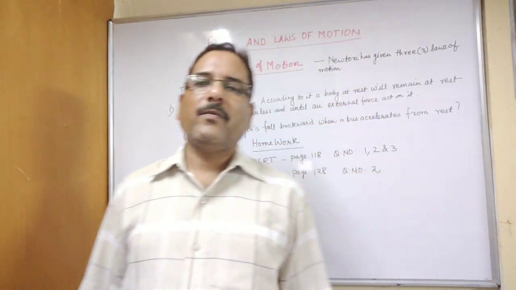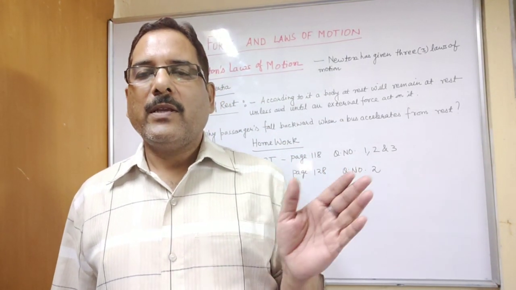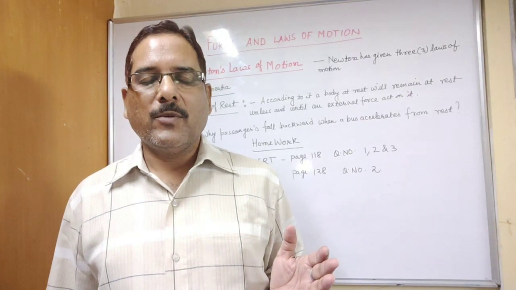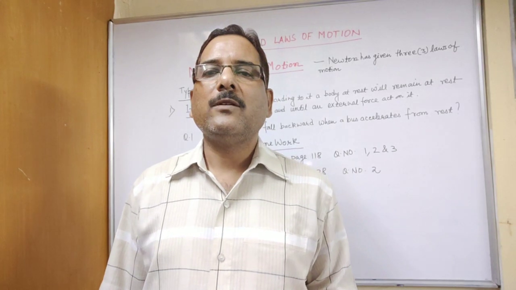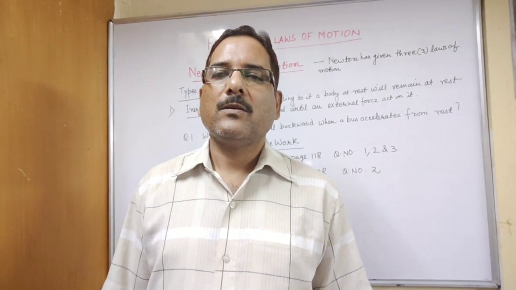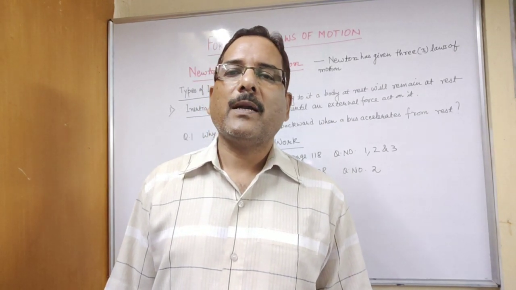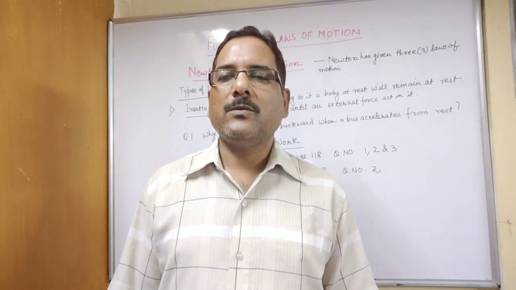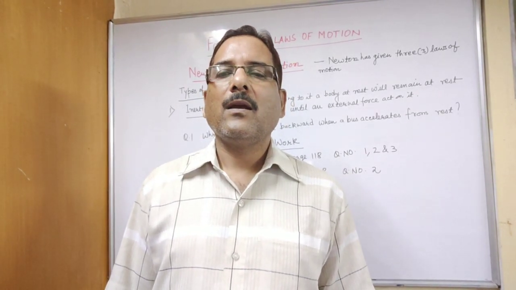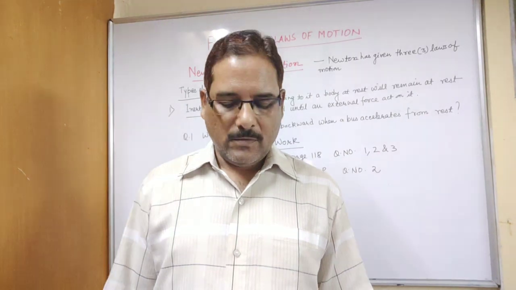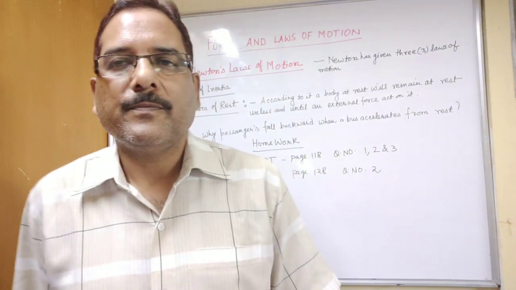What you will write: when you beat a carpet, the carpet is set in motion, whereas dust particles try to remain at rest due to inertia of rest. As a result, they fall down due to gravity.